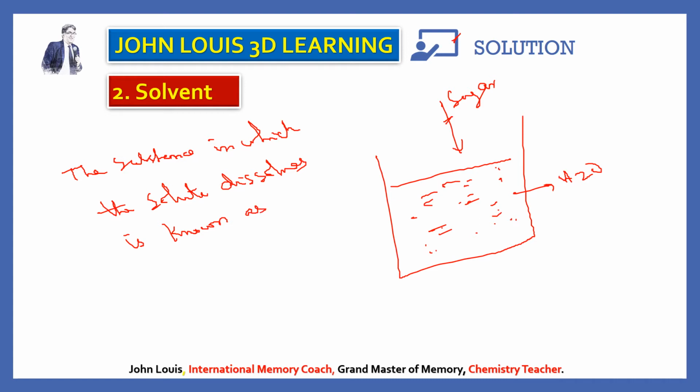We have to be very clear with this concept. The substance which dissolves is solute. The substance in which the solute dissolves is solvent. Therefore, here sugar is solute and water is solvent. Instead of water, it can be any other solvent also, in which the sugar dissolves.